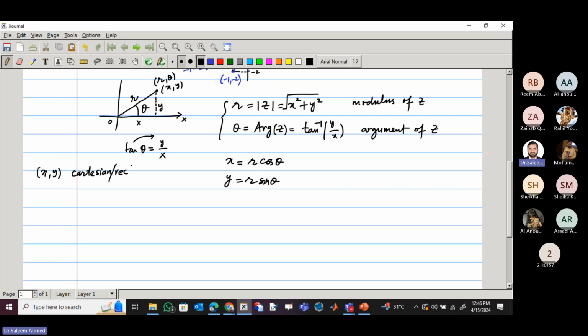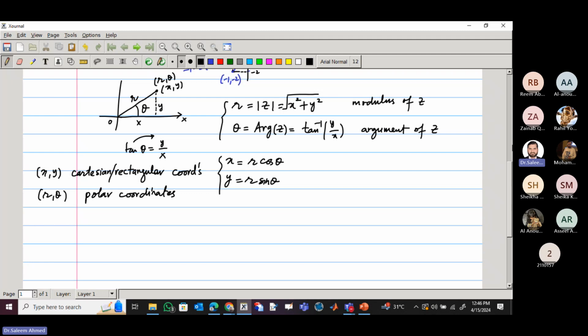It is from calculus now, nothing from linear algebra. These are called Cartesian or rectangular coordinates of the point, and r theta are called polar coordinates of the same point. So this is the relationship between x, y and r theta.